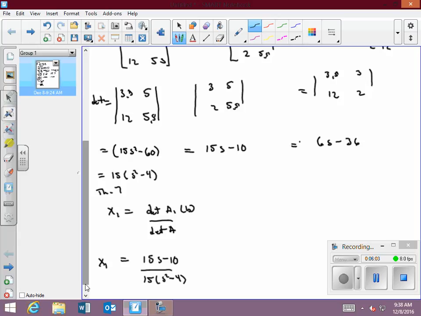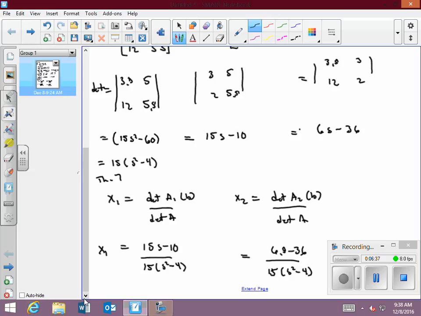And then x2 is the determinant of A2(b) over the determinant of A, and that's 6s minus 36 over 15 times s squared minus 4.